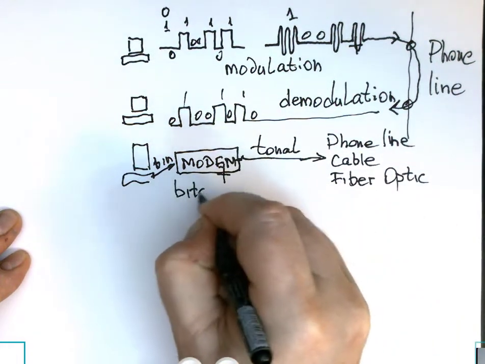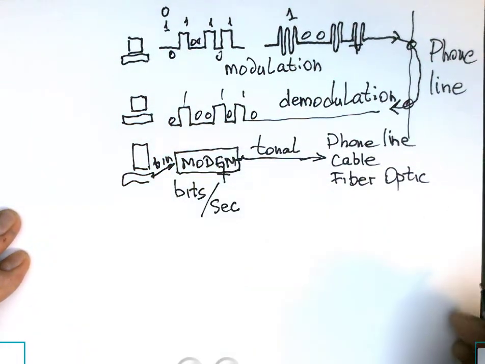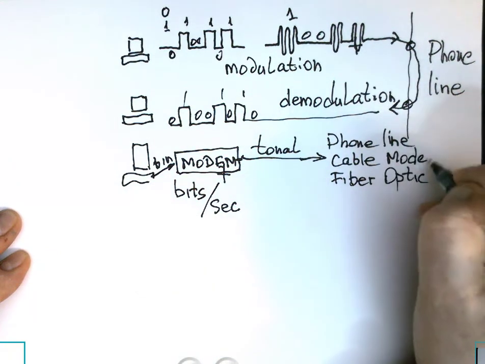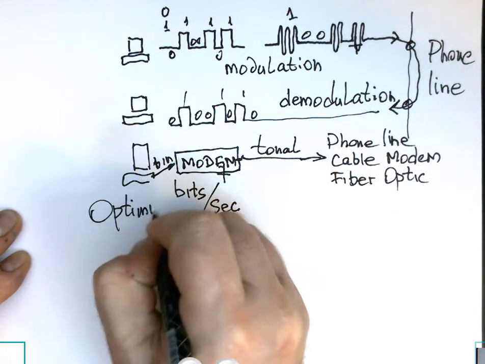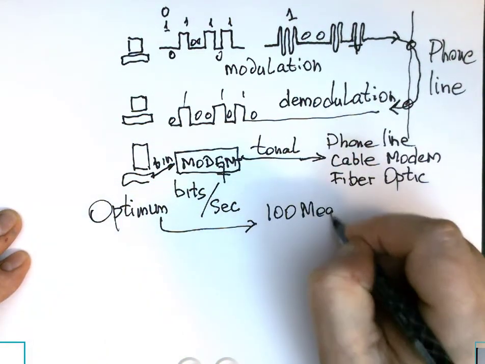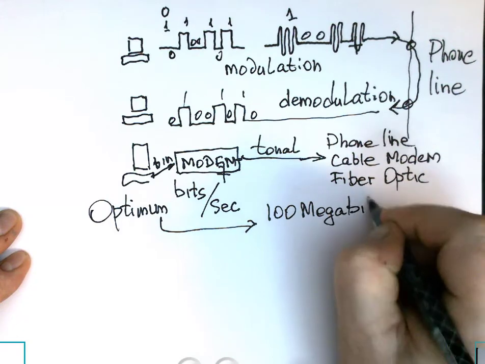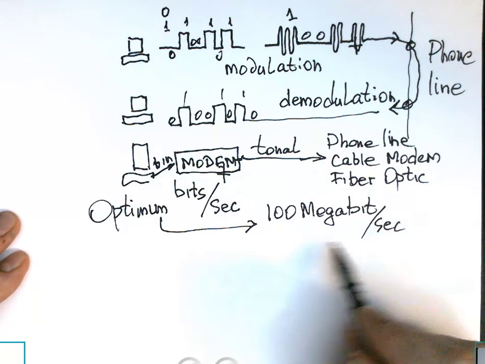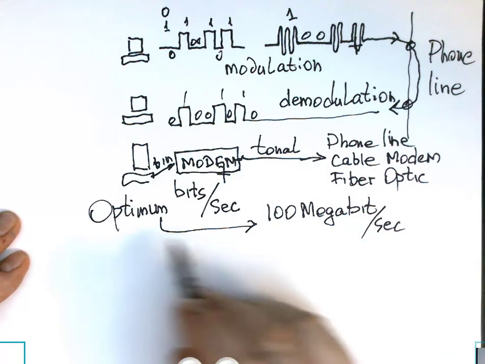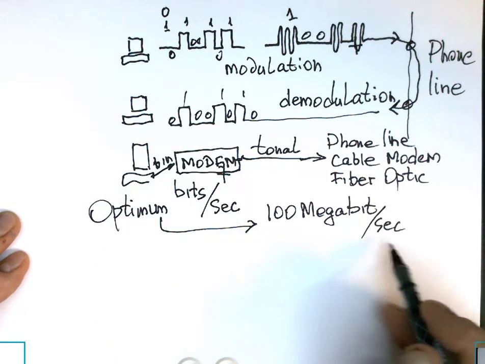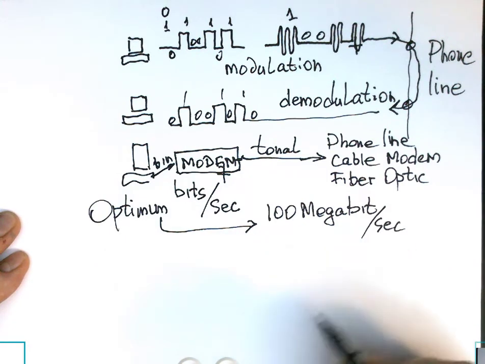Speed, folks, is measured in bits per second. If you subscribe to, let's say, a cable modem, Optimum now suggests a speed of 100 megabits per second. It is much higher than modems of, let's say, 10 years ago. But folks, there are some communication lines that accept gigabits per second.